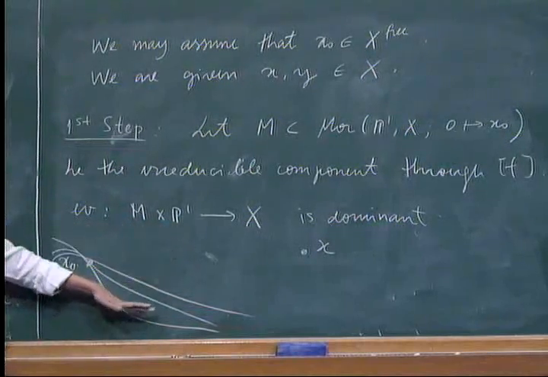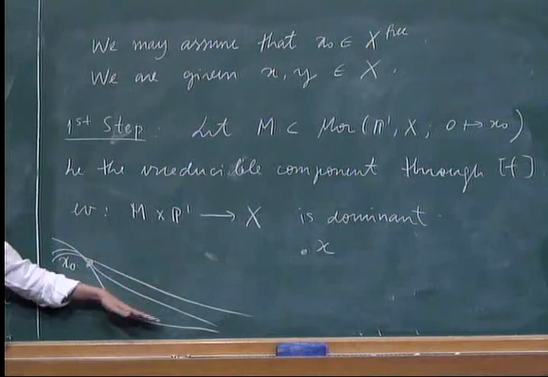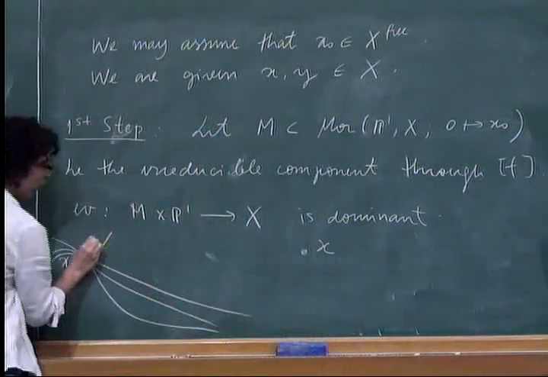Maybe we cannot connect them by a single rational curve, but in the limit, these rational curves can only degenerate into a union of rational curves.